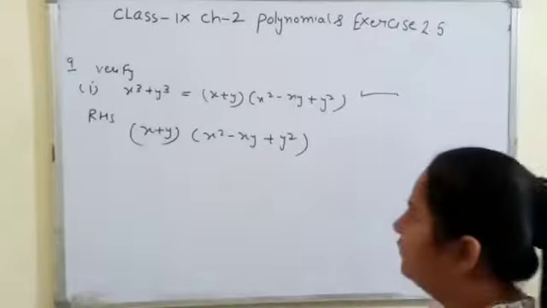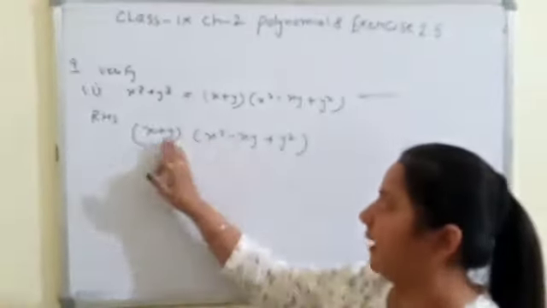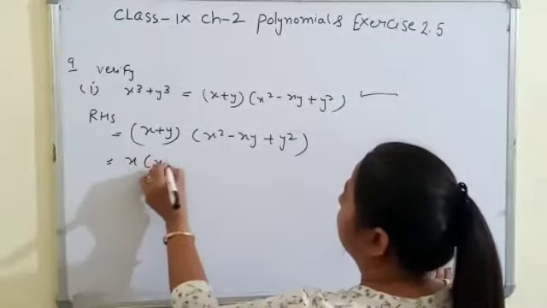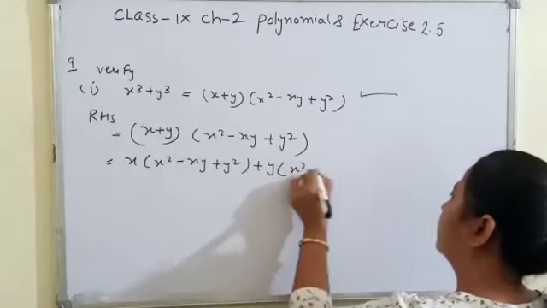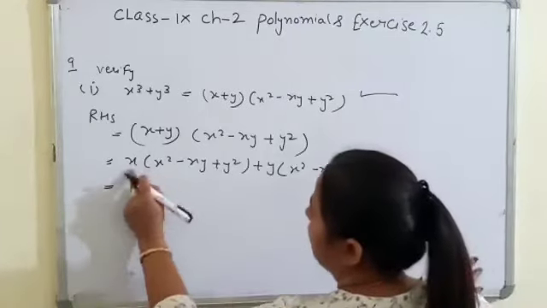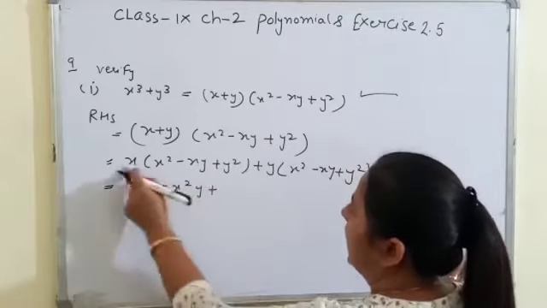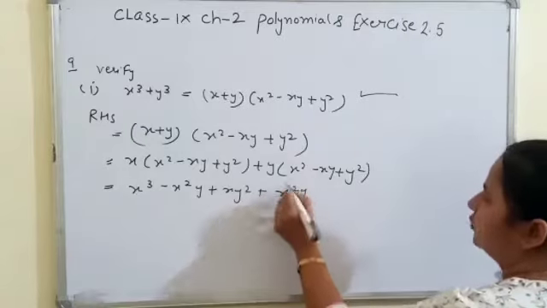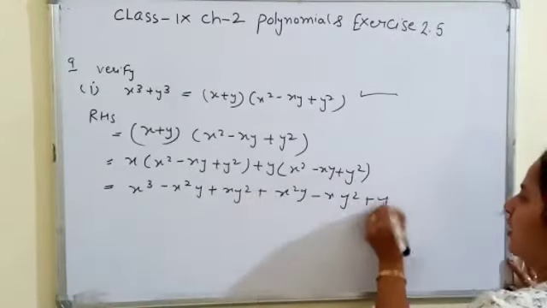Yes student, for the multiplication, firstly we will multiply by the x and then this term by the y. Let's see how. x into x square minus xy plus y square, plus y into x square minus xy plus y square. Now solve it. x square into x, this is x cube. x into x, x square, xy square, plus sign, so there will be no change. x square y, minus xy into y, y square into y, y cube.